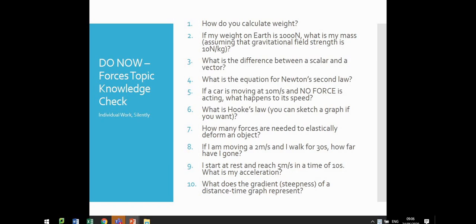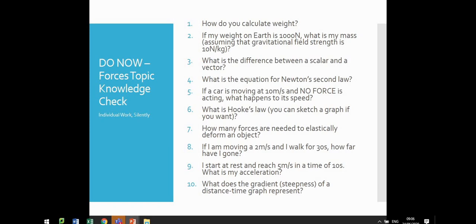So 100 kilograms. 3. A scalar has magnitude, or size, or an amount. A vector has that, but it also has direction. 4. Newton's second law is F equals ma. Force is mass times acceleration.